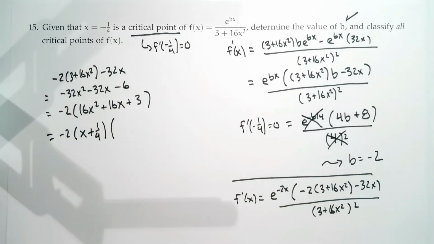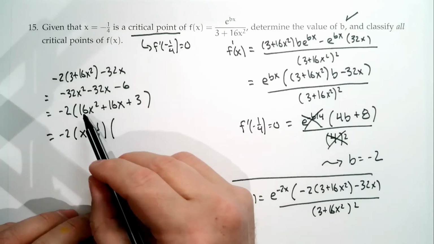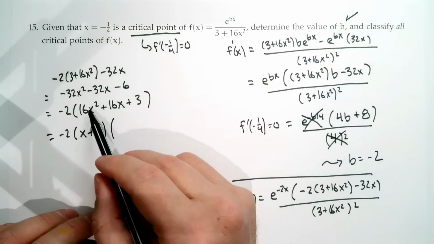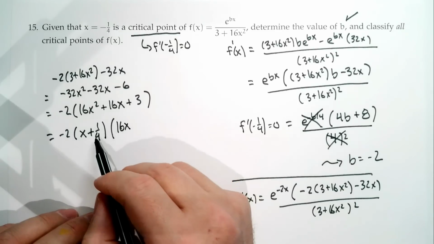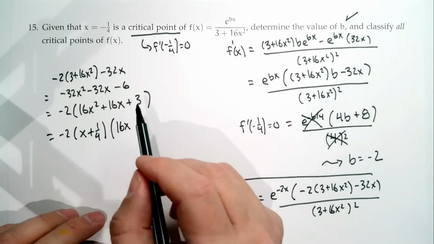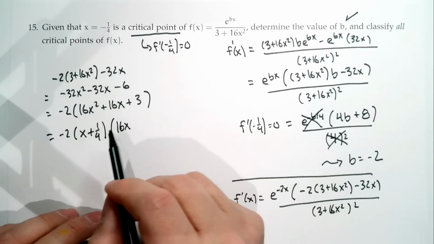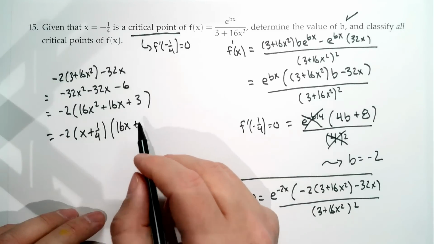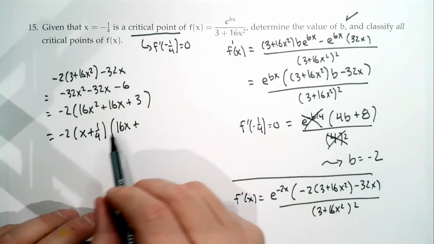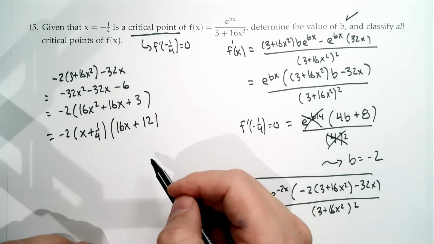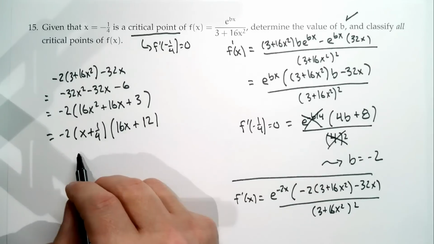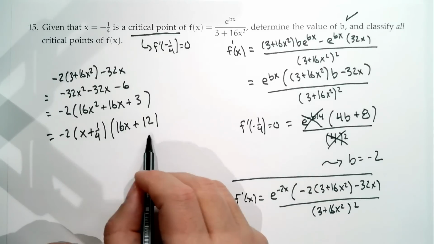And once we know that that's a factor, what's the other part have to be? Well, to get from x to 16x squared, there has to be a 16x there. To get from 1/4 to 3, there has to be a plus 12. So that's our other factor.